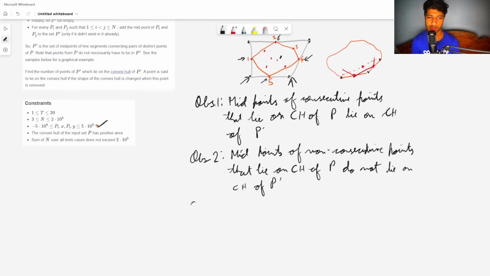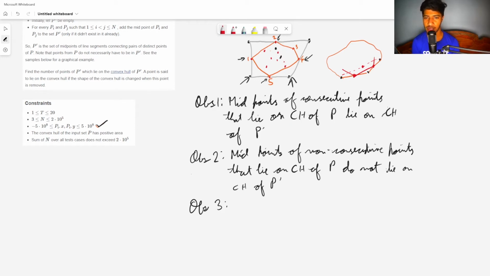And third observation, if you look at the midpoints of 2 non-hull points, so let's say there is a black point here also, right? So these 2 black points are non-hull points of P. So their midpoint, which will look something like this, will obviously not lie on the convex hull of P dash because it will be completely inside.